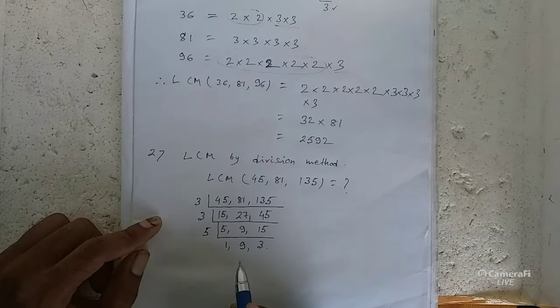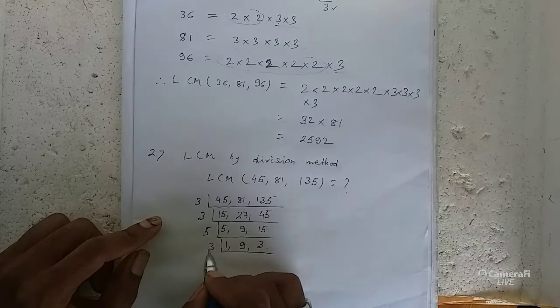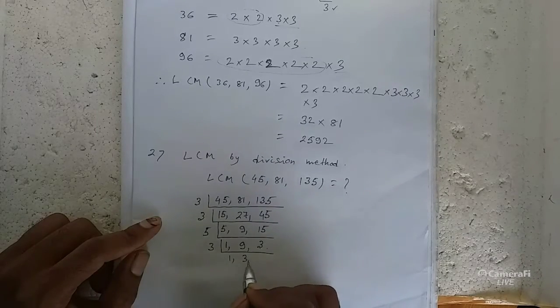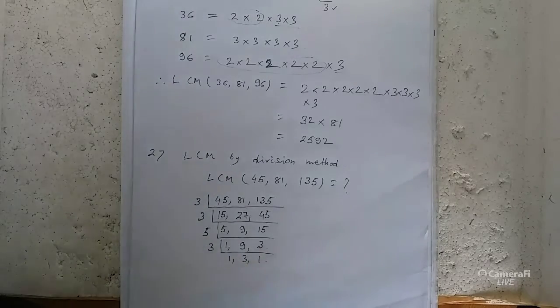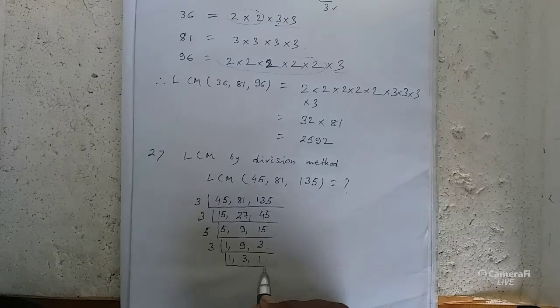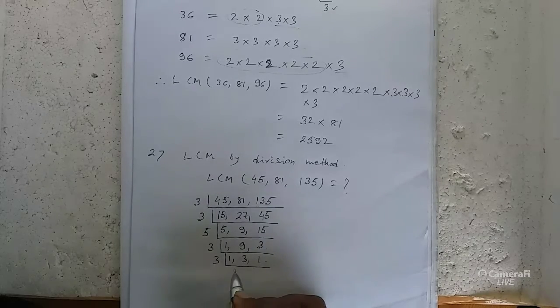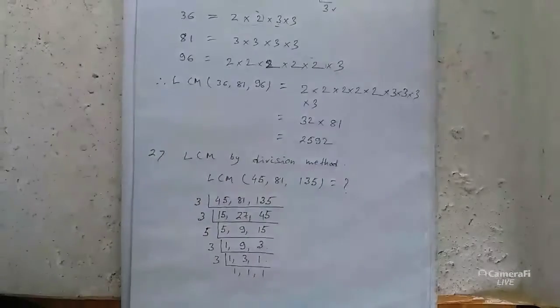Now, here see that 9 and 3 can be divisible by 3. So, we will take 3 again. 3 threes are 9, 3 ones are 3, and finally you get 1, 3 and 1. Here is 3. You can proceed for one more step. Take 3 here, make all the numbers 1, 1, 1 and stop.